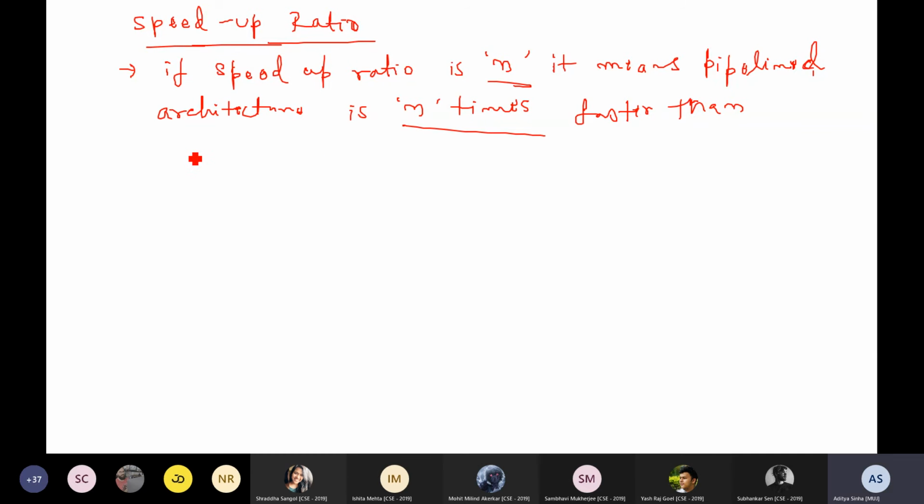What is the counter of the pipelined architecture? Sequential non-pipelined architecture, right?